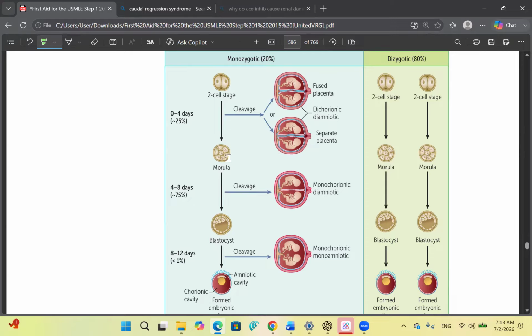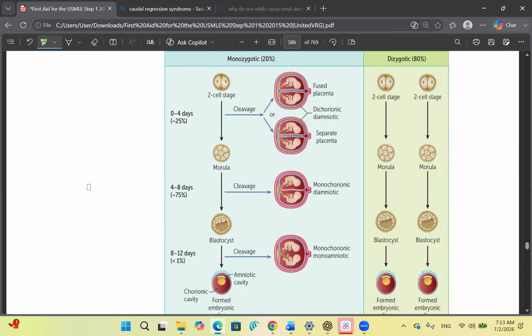If it happens at the stage of morula, each fetus is going to have their own chorion, but the same amnion. Oh, I was wrong there. So when it happens after the two-cell stage, each fetus is going to have their own chorion and their own amnion. And so there's going to be two chorions and two amnions.